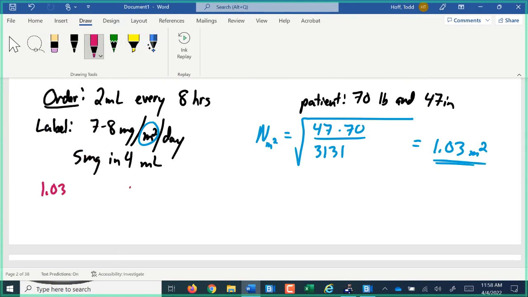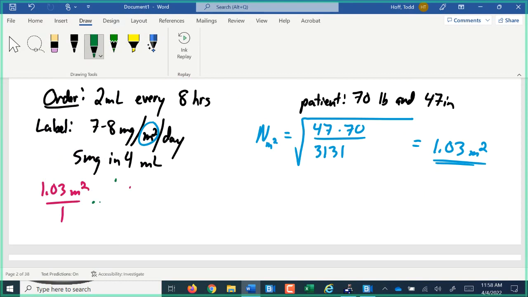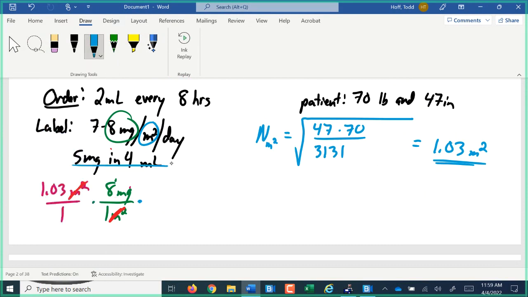So we start with 1.03 meters squared times, again we use the maximum, 8 milligrams per 1 meter squared. Meter squared cancels out. The next step would be from milligrams to milliliters. Milligrams are going to go on the bottom to cancel out, so 5 milligrams in 4 milliliters.